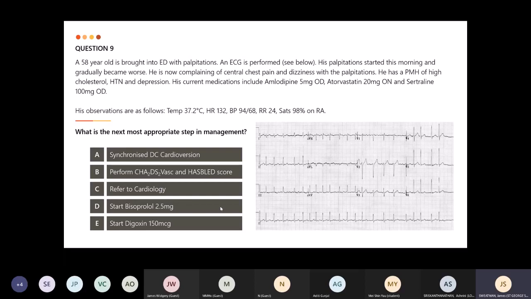Okay, and I'll give you guys 15 more seconds. We've got 3 answers so far. No one so far has picked the refer to cardiology answer, which is good.